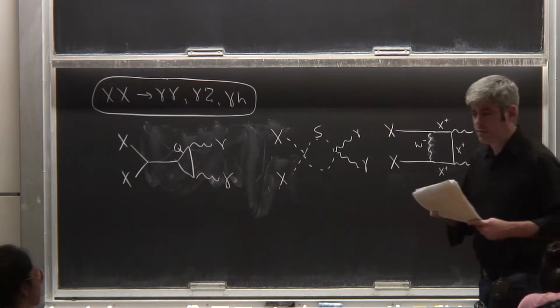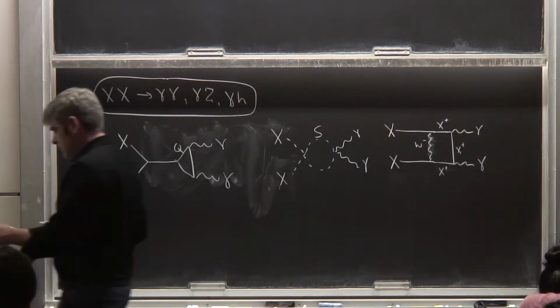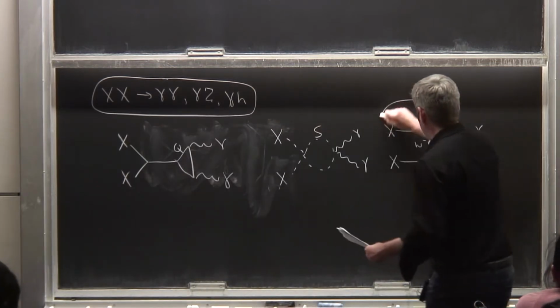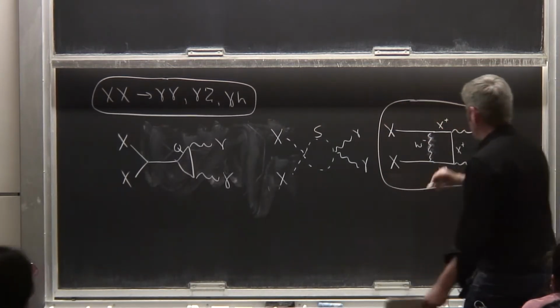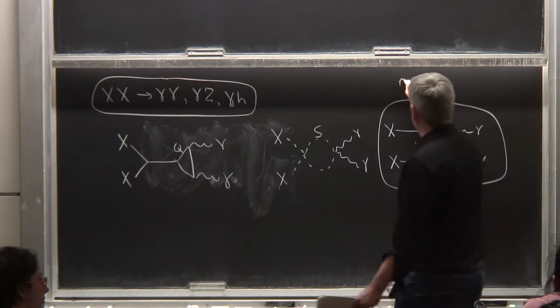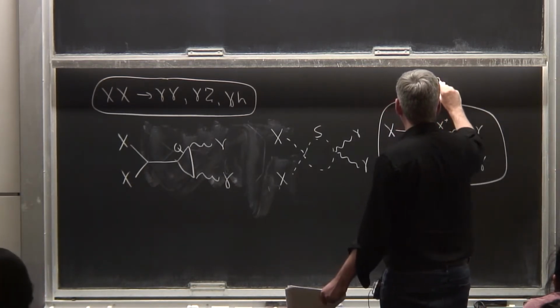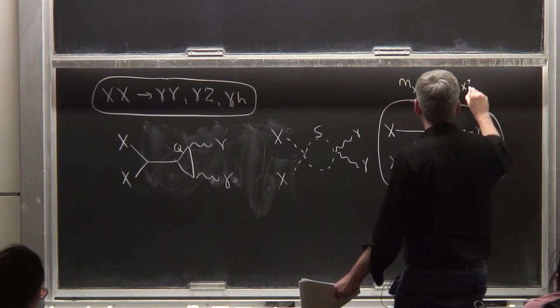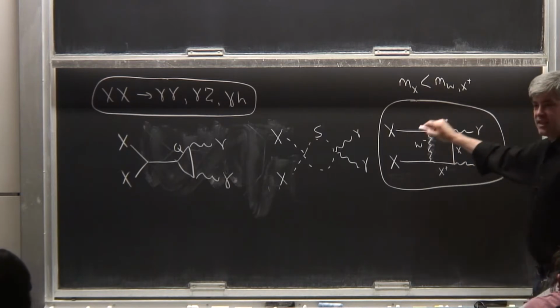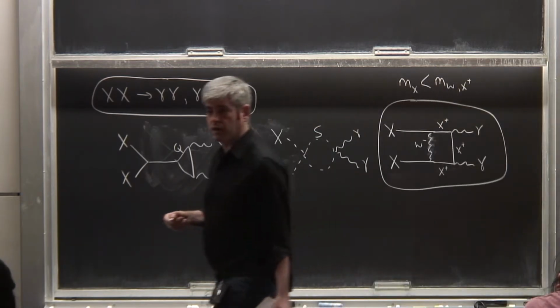You can try to bump this branching fraction up. So, for example, I could imagine taking a diagram like this and just postulating that if m_x is less than m_W and m_charged, then the only kinematically accessible final state might be a pair of photons.